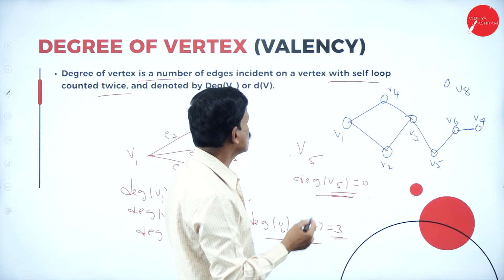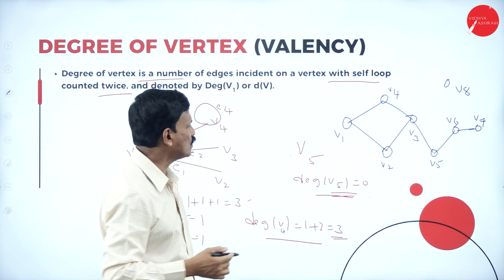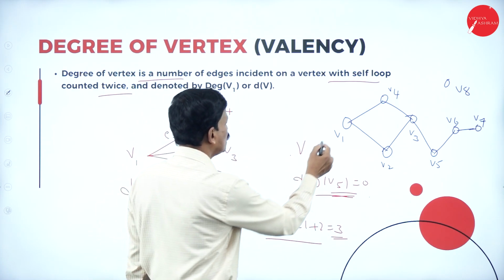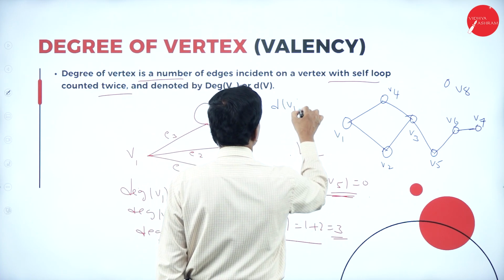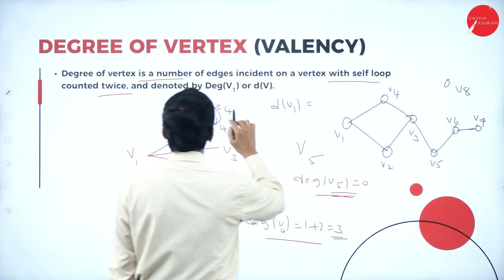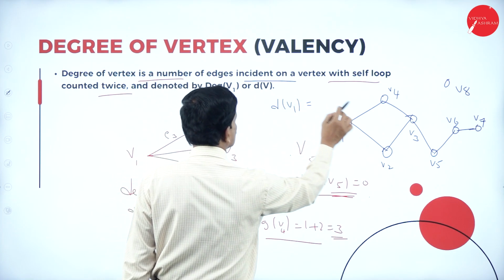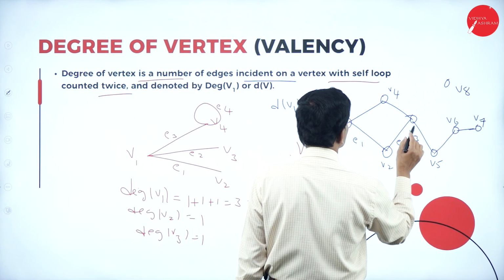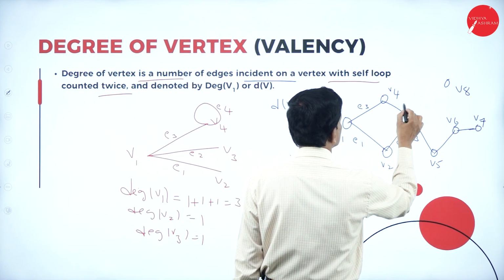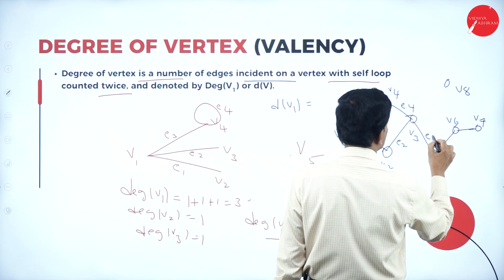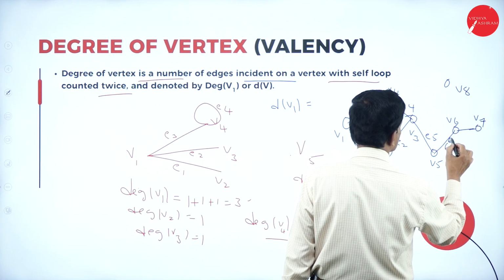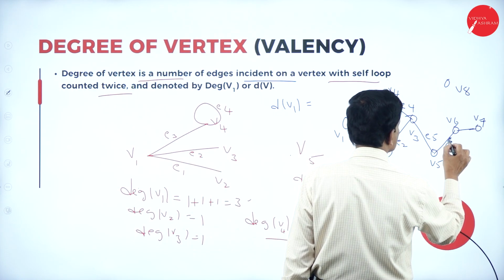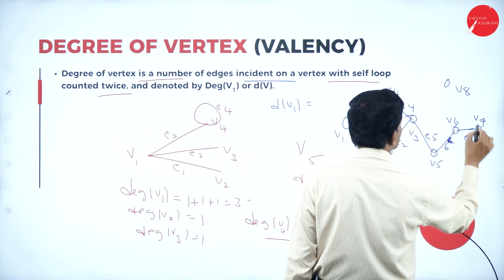Now, let us consider what is the degree of V1, V2, V3. Here the degree of V1, according to the definition, is the number of edges incident on the vertex. Let us represent the edges as E1, E2, E3, E4, E5, E6, E7.